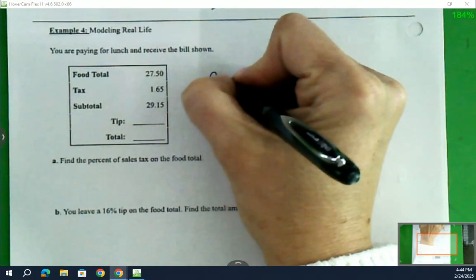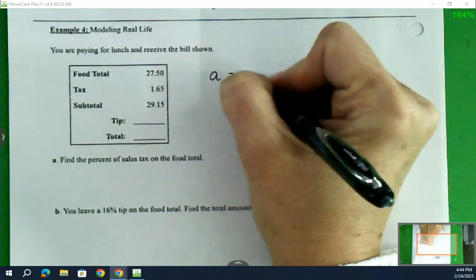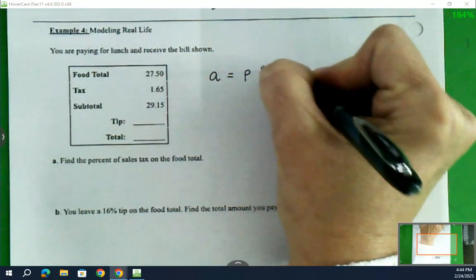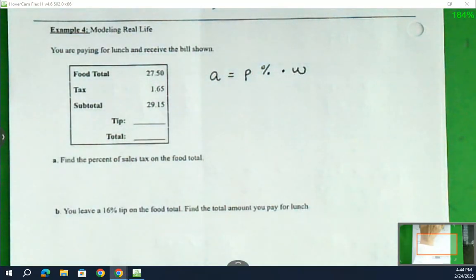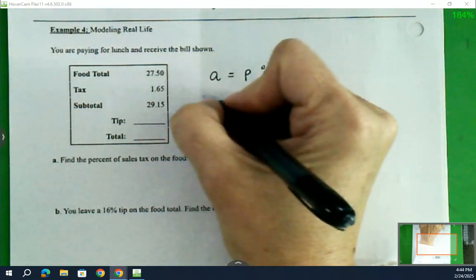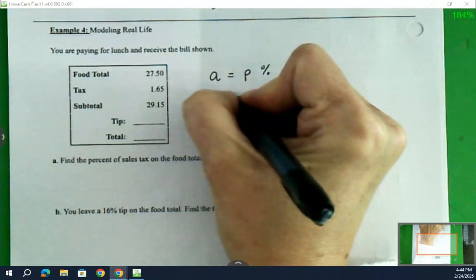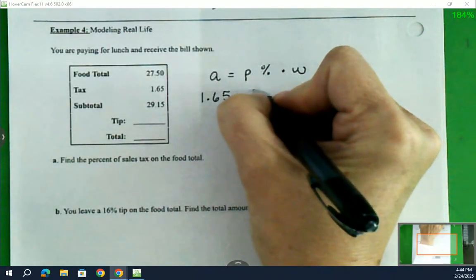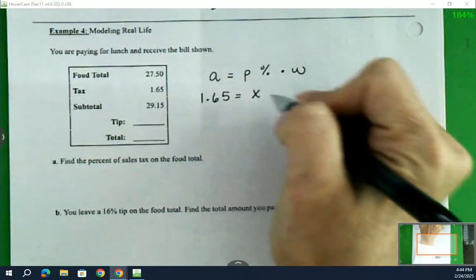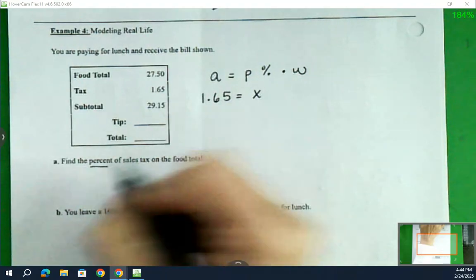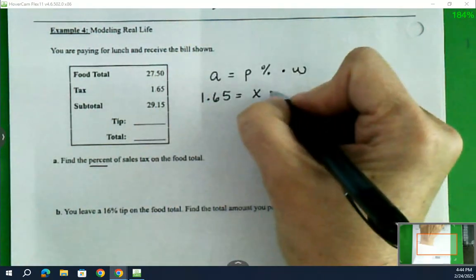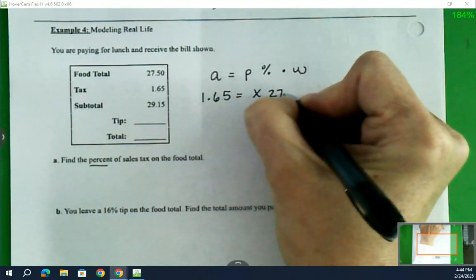So we have A equals P percent times the whole number. So our tax here is our $1.65, and we want to know what percentage that is. So that's our X, that's what we're trying to find out, of the total bill here, which the total bill is $27.50.